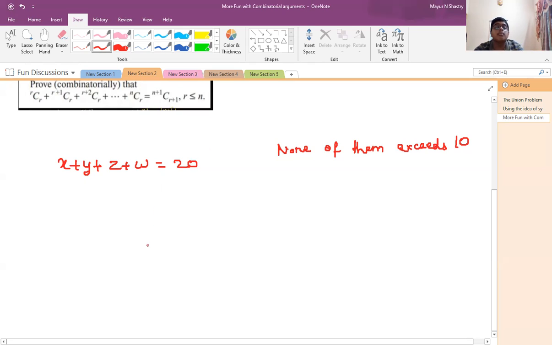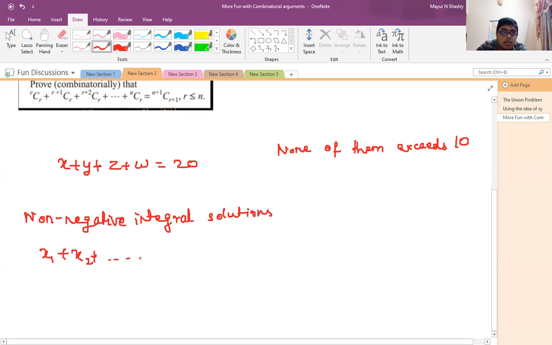For that we have a formula: the number of non-negative integral solutions for an equation like x1 plus x2 plus all the way up to xr equals n is n plus r minus 1 choose r minus 1. Those who are interested in the proof of this may read up in several books. For example, it is there in a book called Challenge and Thrill of Pre-College Mathematics. It's a really good book for combinatorics as well.